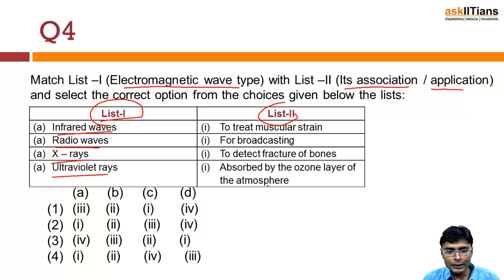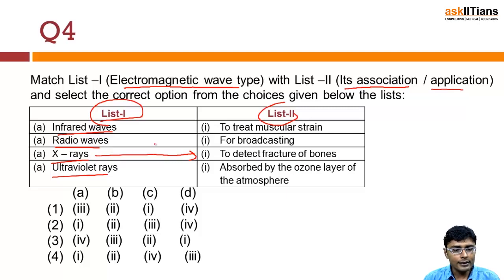So if we start with the simplest one, we all have been knowing about X-rays. The application of X-rays is to detect the fracture of bones, right? Many of you might have had a fracture and gone for X-rays to detect the fracture of the bones.